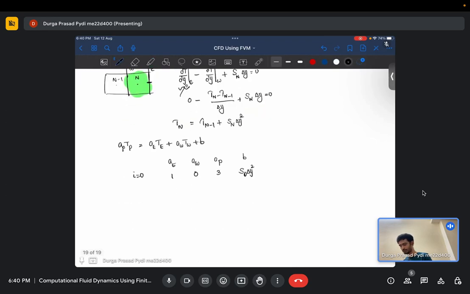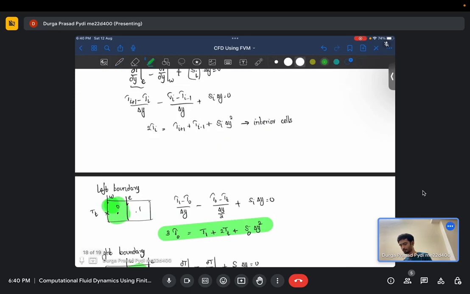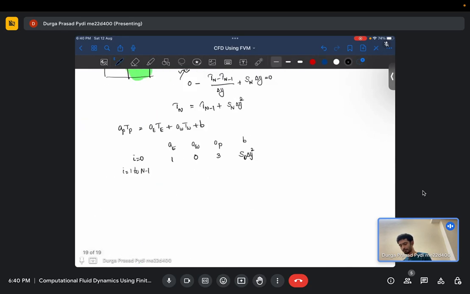For all the intermediate cells, the interior cells, I to n minus 1, this is the equation. The AP coefficient is 2, A East and A West are 1, and B will be Si times delta y square. And for I equal to n is the last equation.